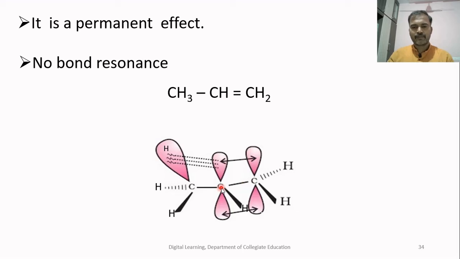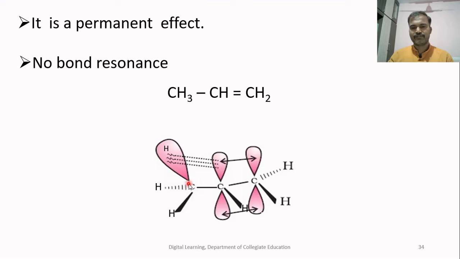Here, the carbon having a double bond is in turn attached to the CH3 group. This CH3 group has 3 carbon-hydrogen sigma bonds. This is one carbon-hydrogen sigma bond, this is another, and this is one more. Among these 3 carbon-hydrogen sigma bonds, one lies in the same plane as the p orbital forming a pi bond.